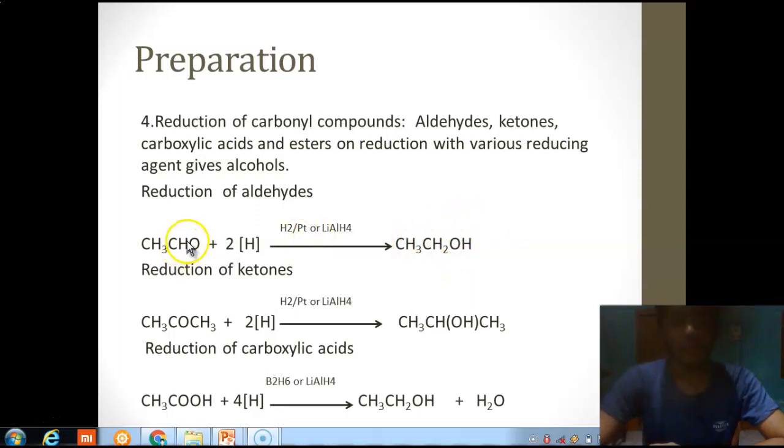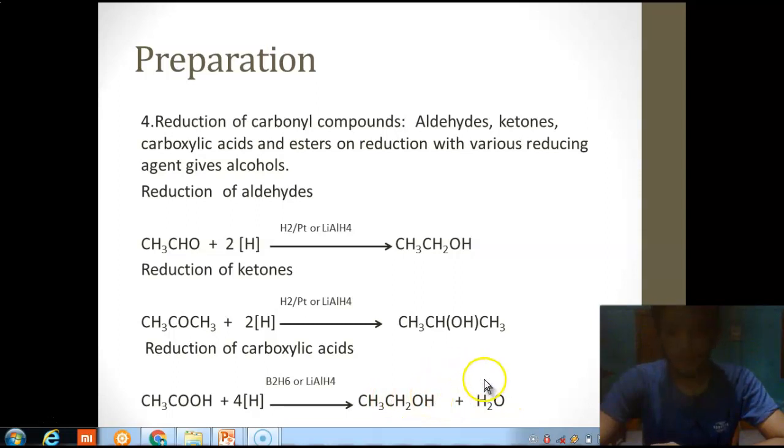This will convert it to alcohol. Then reduction of ketone: if ketone is reduced, it will ultimately give alcohol. The reducing agent may be LiAlH4 or NaBH4 or hydrogen with platinum. Then reduction of carboxylic acid also gives the alcohol and water.